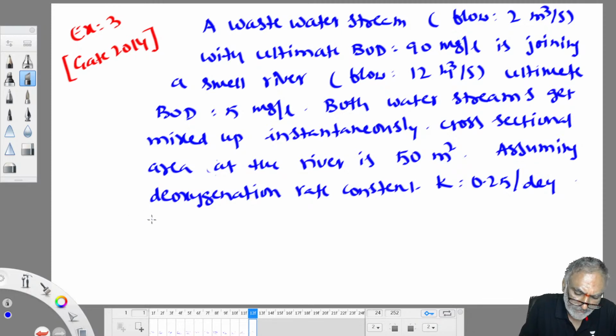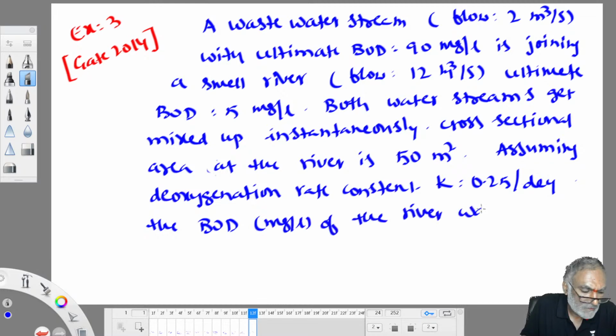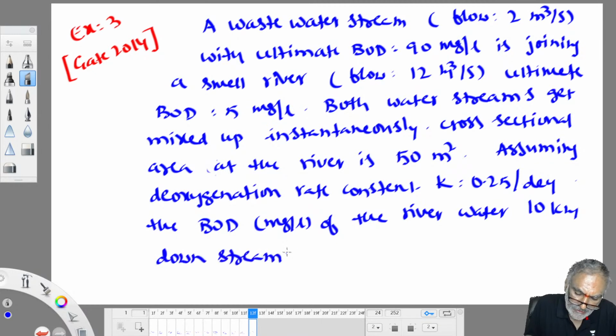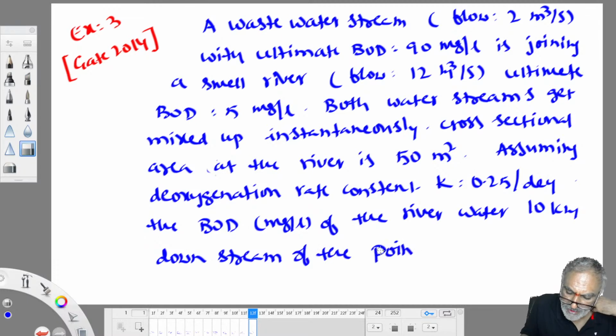The BOD in milligram per liter of the river water 10 kilometers downstream of the mixing point is... Interesting question.